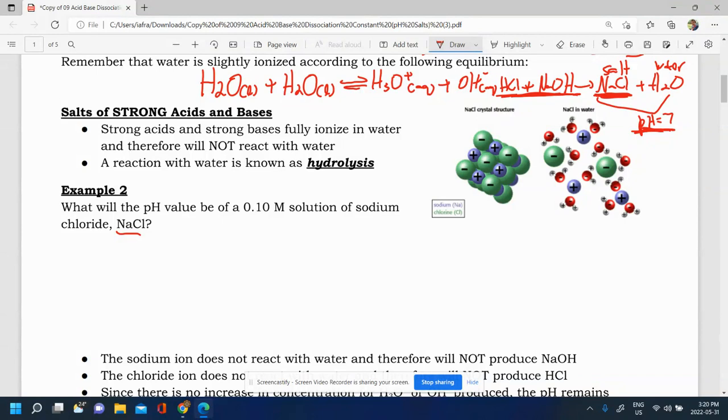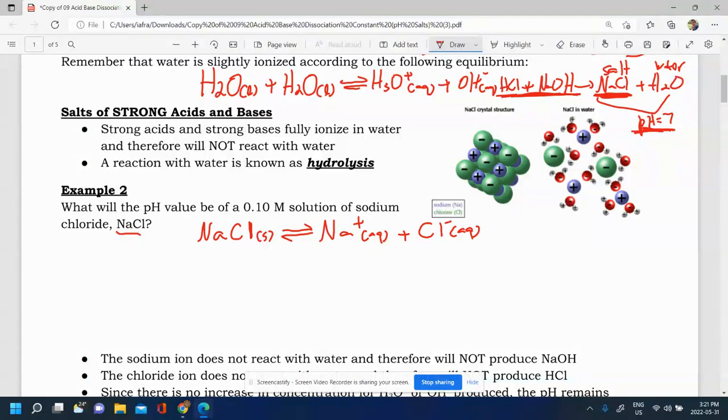What we do is we're first going to dissociate NaCl. We're going to show what it becomes in solution. It becomes Na plus aqueous plus Cl minus aqueous.